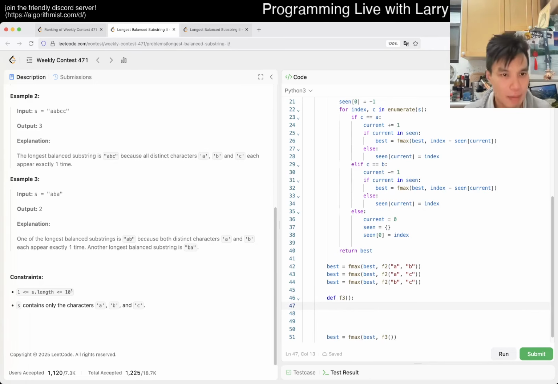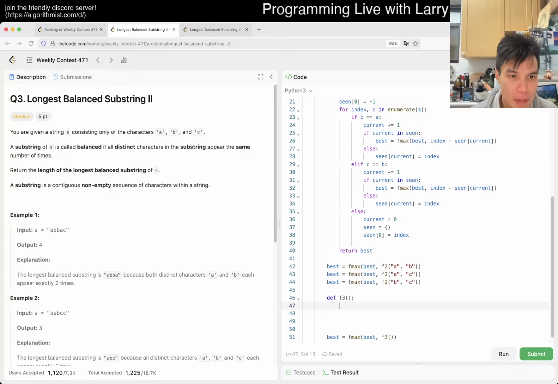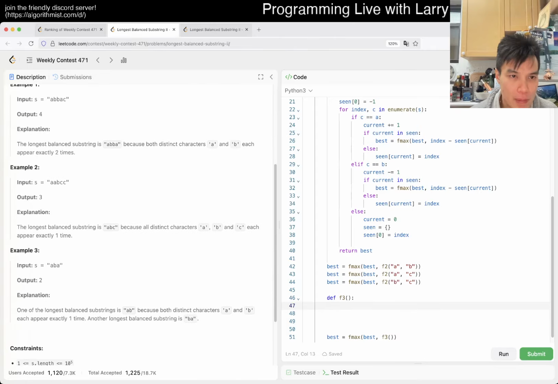Is there any way? Binary search? I don't think so, at least not easily.